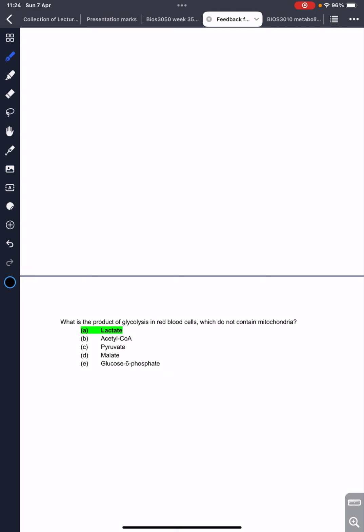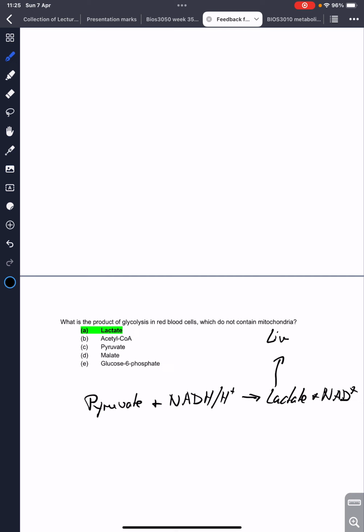Pyruvate, in this case, as we discussed in the practical, plus NADH plus H plus, is converted to lactate plus NAD plus. And this lactate then is transported to the liver in the Cori cycle.